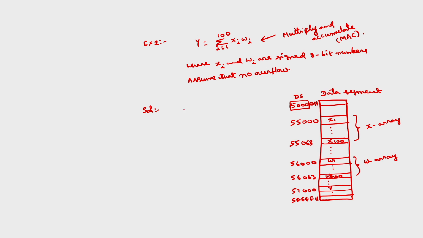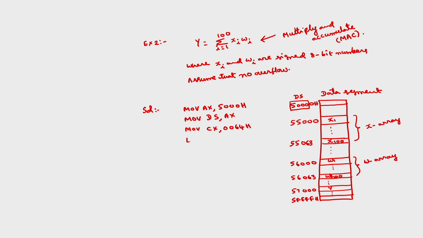You take onto some other register, say AX, comma 5000, and you move this data to data segment. And the number of bytes to be added I will take into CX register, so that I can use loop instruction, 0064H.